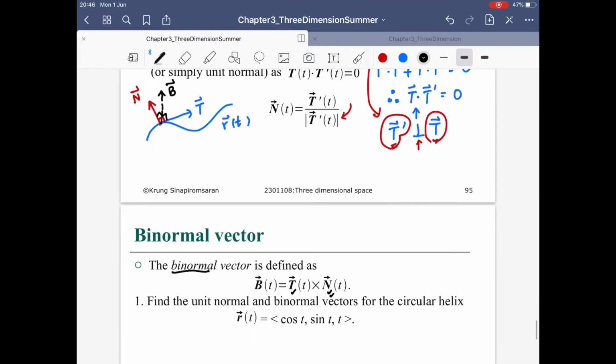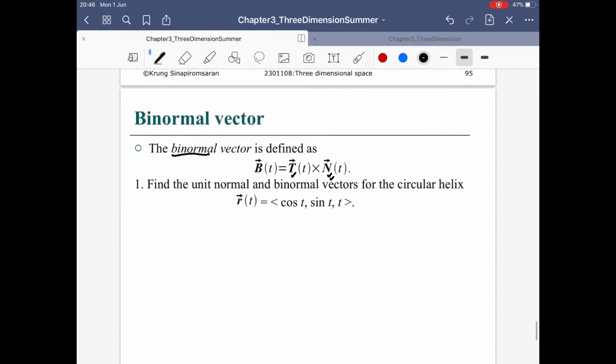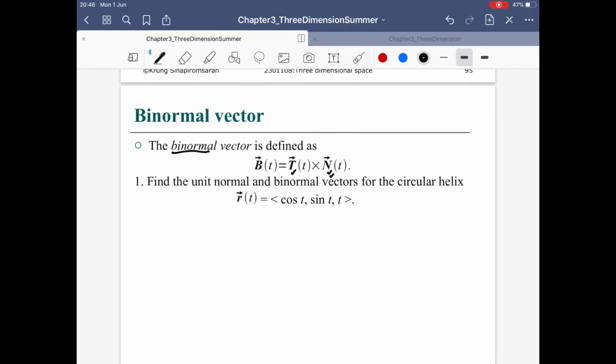Okay, so let's look at the first example. You need to find the unit normal and the binormal vectors of the circular helix. Of course, the one that you need to find first is capital T in order to find the capital N, right? So to find the capital T, you need to find your r prime, and your r prime will be negative sine, cosine, and 0.